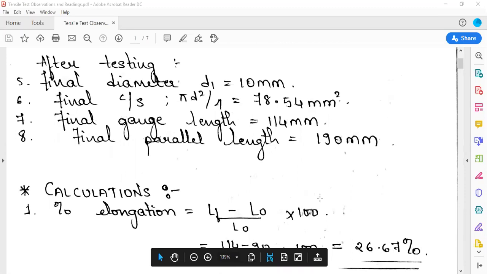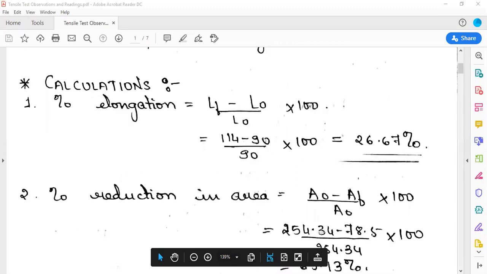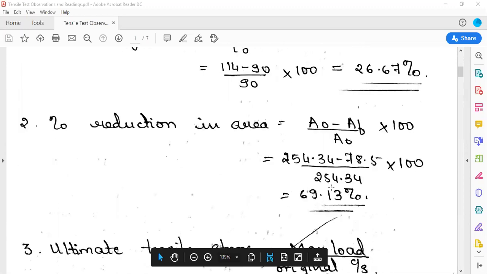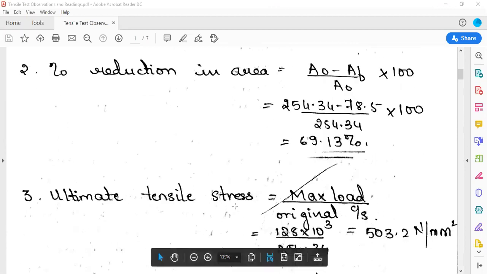Original cross sectional area is 254.34 and after the failure the final cross sectional area is 78.5, divided by original cross sectional area, 254.34. To convert this into percentage, I am going to multiply it with 100. From this you will get the percentage reduction in cross sectional area as 69.13%.